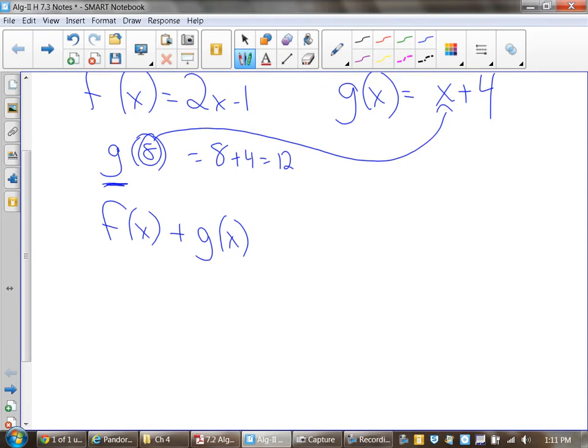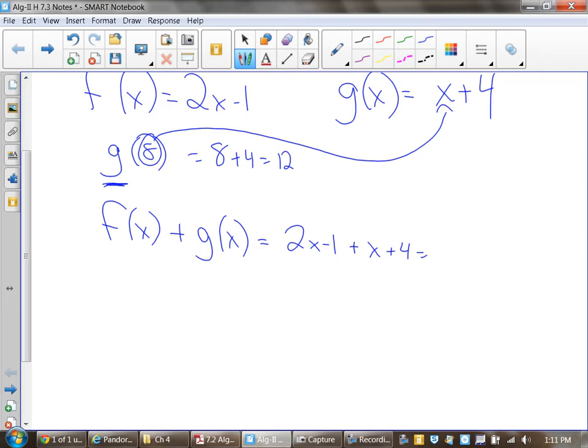Well, what is the f of x equation? 2x minus 1. So this would equal 2x minus 1. And what's the g of x equation? X plus 4. And what does that equal?